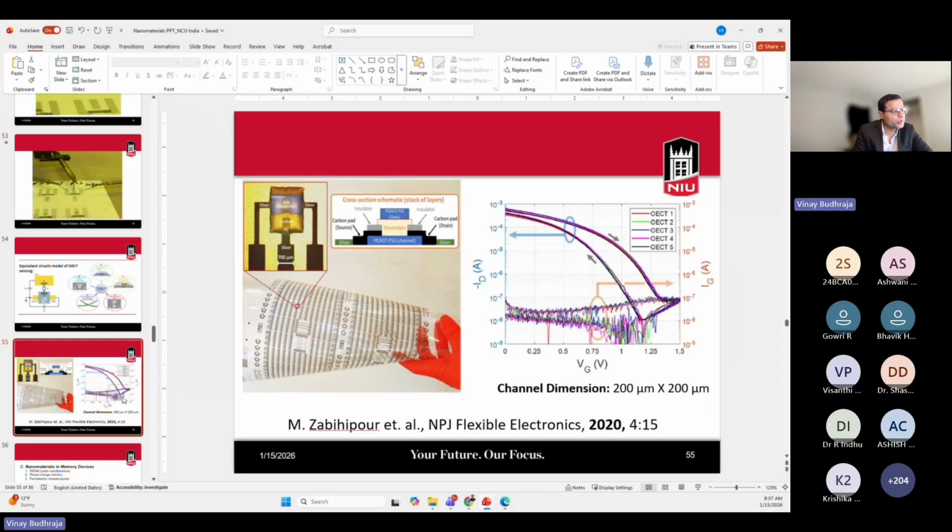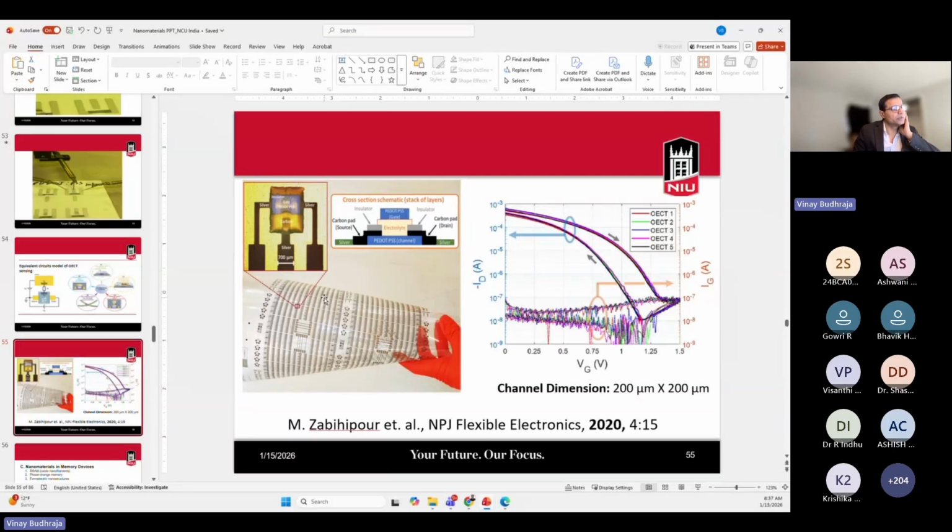In one of the works on the OECT, it has been used in memory applications where the size of the channel is a few microns. The requirement is that one has to make a solid electrolyte.